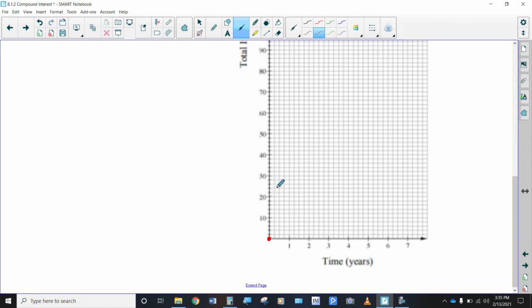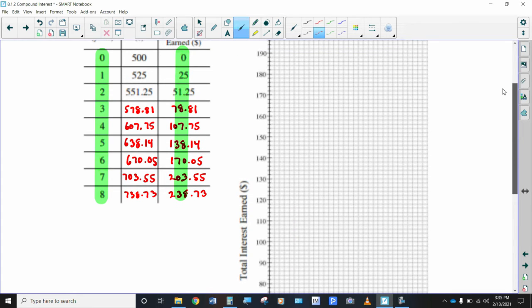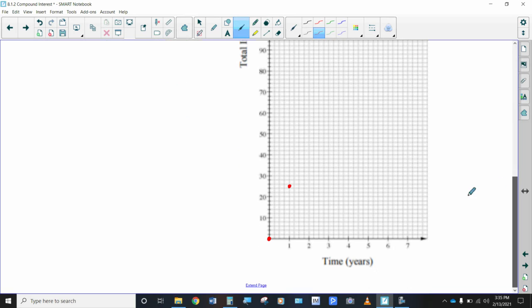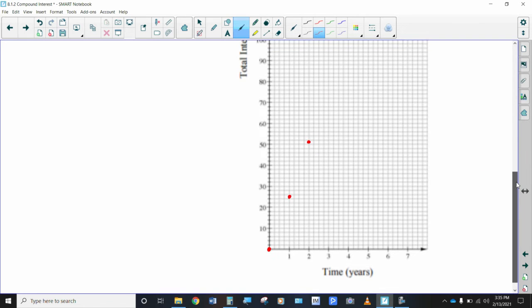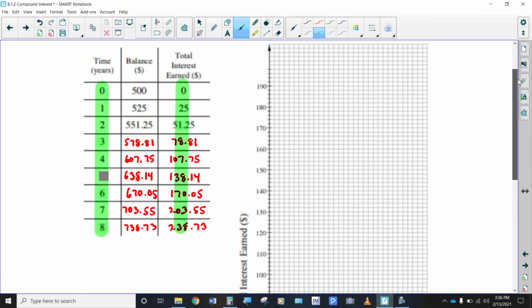So between 2 or 4 and 6 is right around there. After 2 years, it's 51.25. So 2 years, 51.25 is probably somewhere in there. So far, it looks kind of straight, right? But we'll see it eventually start to curve more.